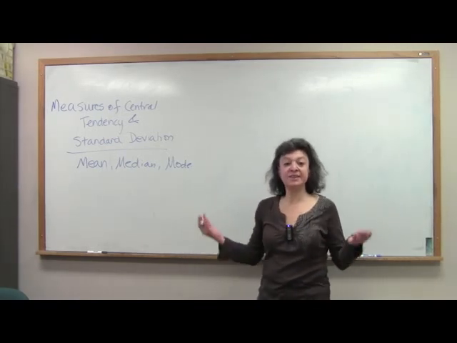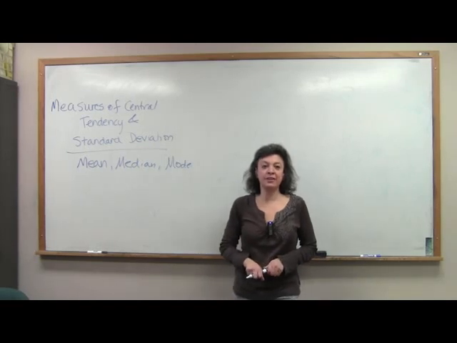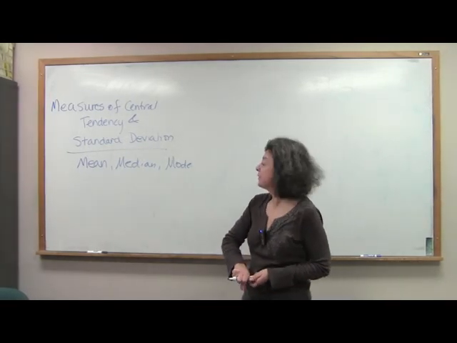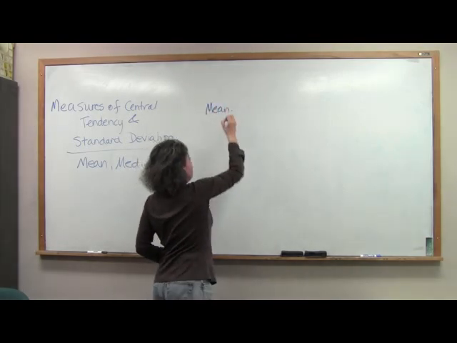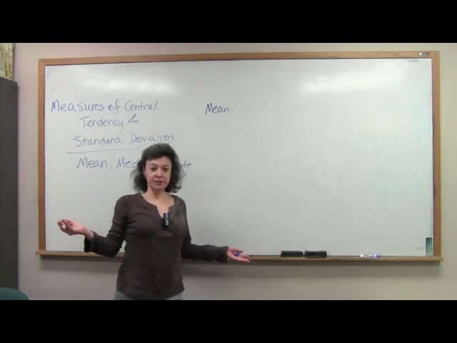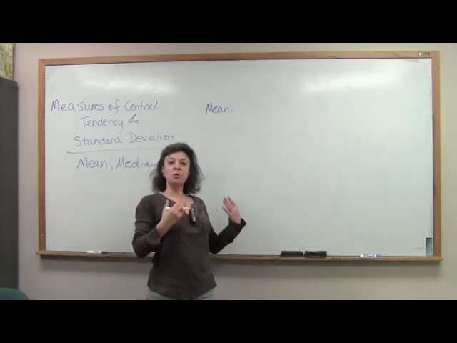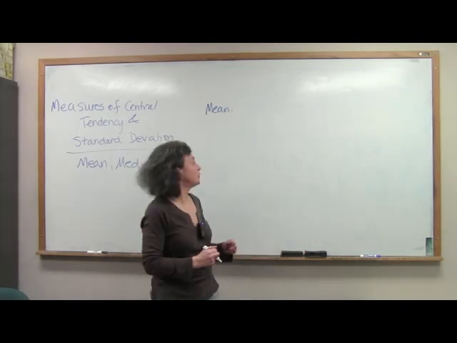The mean is the average as we know it. So that's probably what you've had the most experience with. So when you find the mean of a data set, for example, if you want to take your class average with your test scores or something like that, what do you tend to do? You tend to add them all up and then divide by the total number.